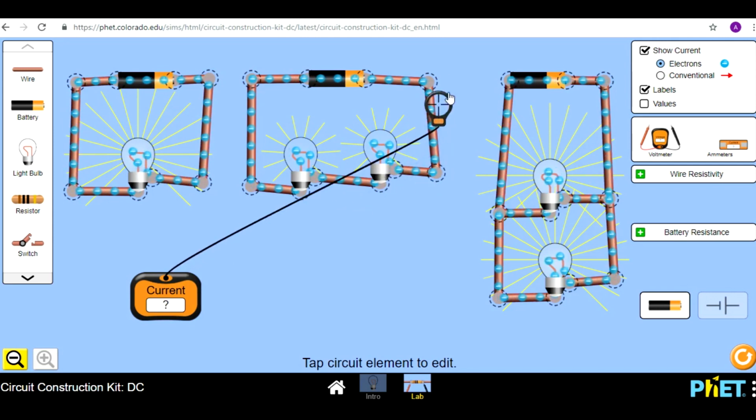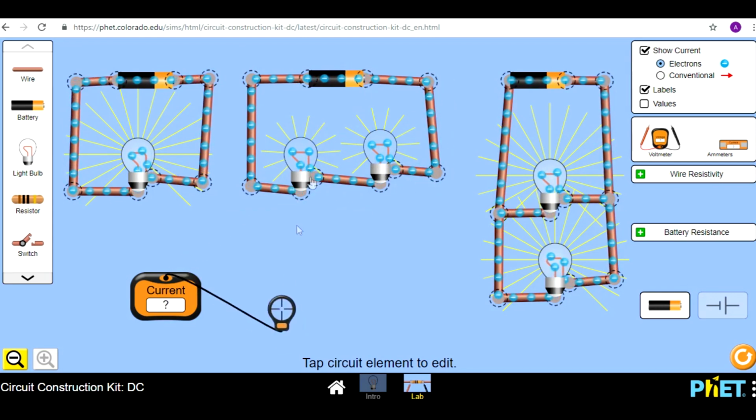Now, why is that? Well, the reason is, if you have 2 bulbs, you've got twice the resistance as that one. All of these devices provide something called resistance, which slows the current down. So this circuit has more resistance than this one.